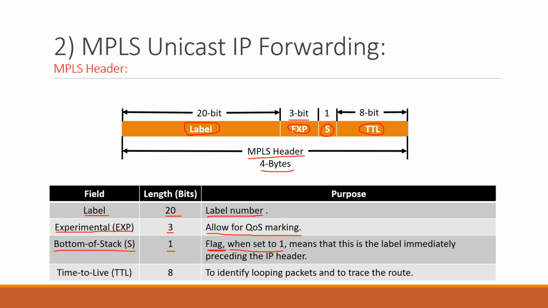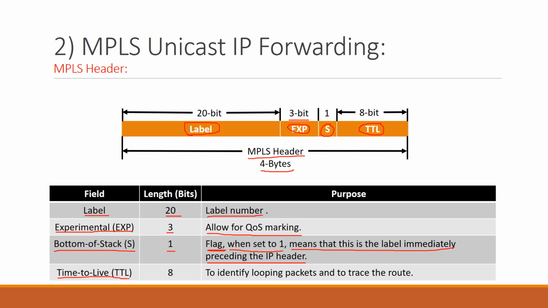But when this bit is set to 1, it means that this is the label immediately preceding the IP header. So in case there are multiple labels attached to the IP packet, when this bit is set to 1, it means that this is the label immediately preceding the IP header. When it is not set, it means that this is a label not immediately preceding the IP header.